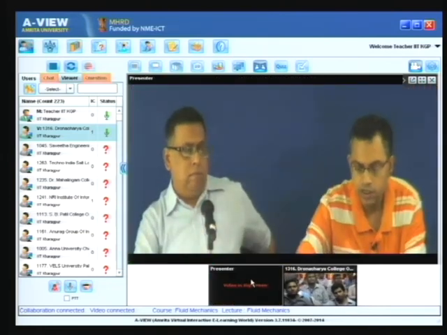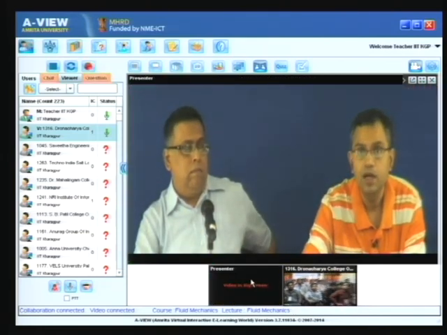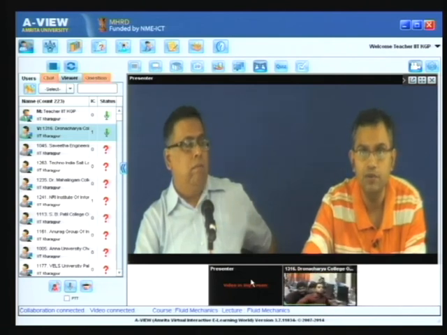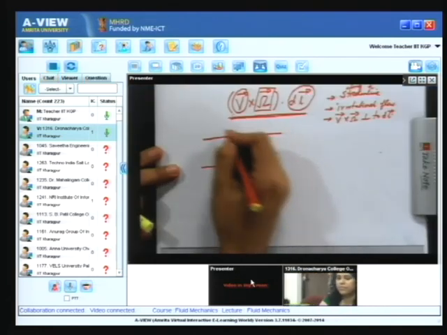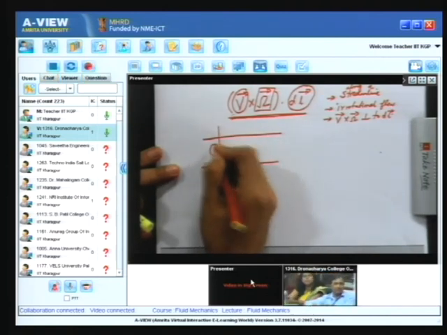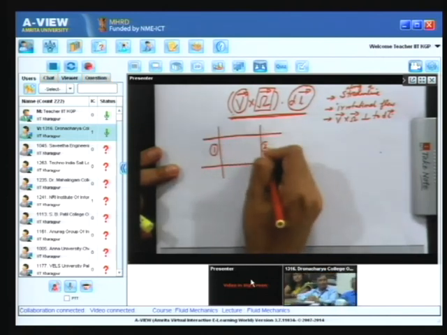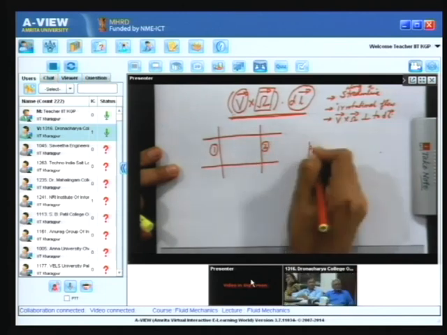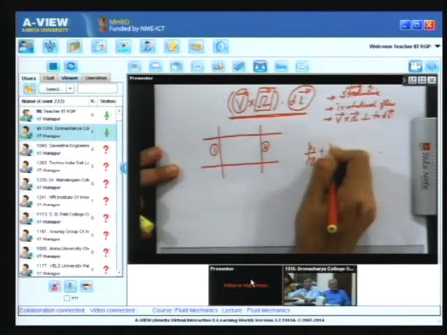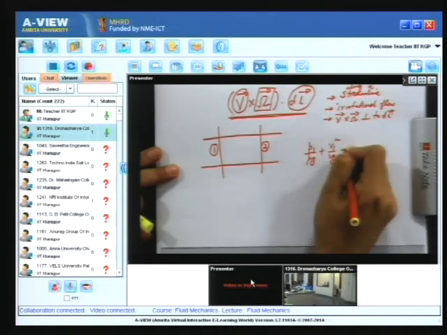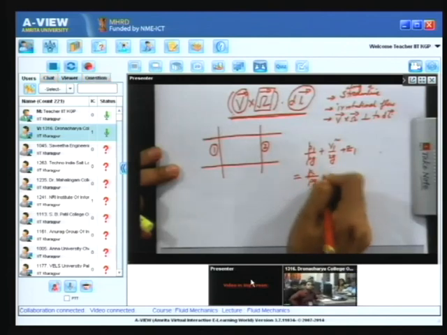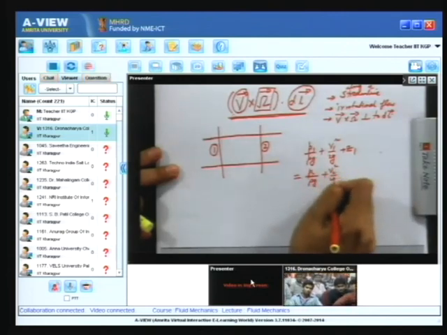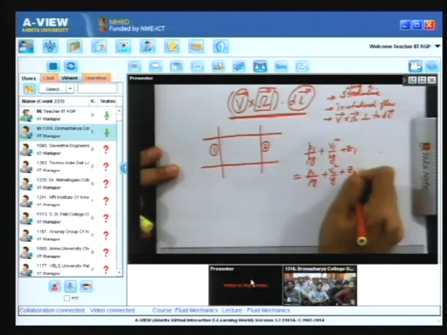If you have a pipe, I am trying to sketch a pipe, I believe this image will come now and you will see. You have a section 1 and a section 2. So, you have P1 by rho g plus V1 square by 2g plus Z1 is equal to P2 by rho g plus V2 square by 2g plus Z2 plus some head loss.